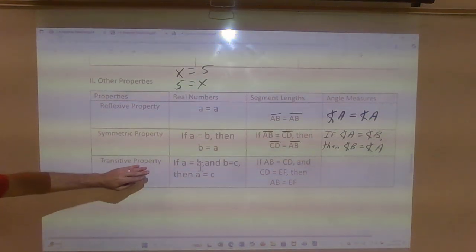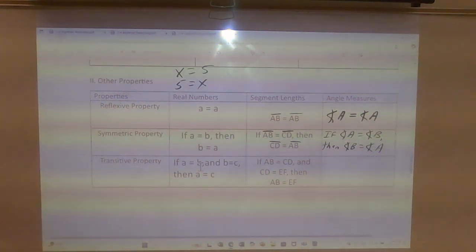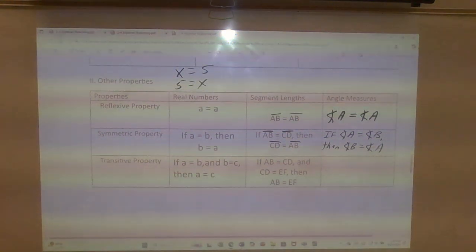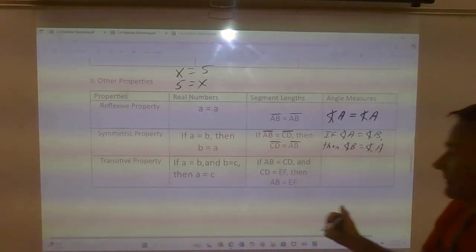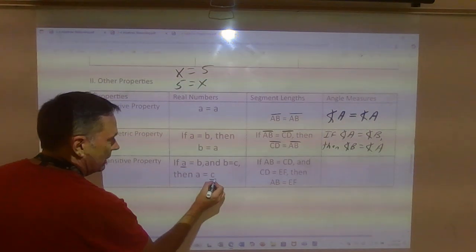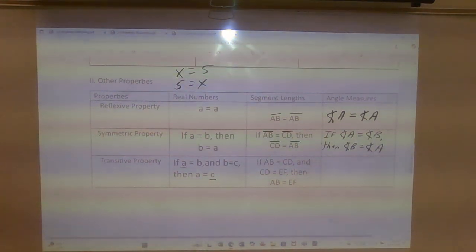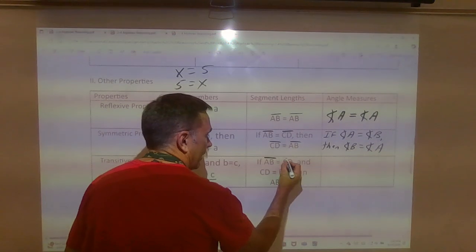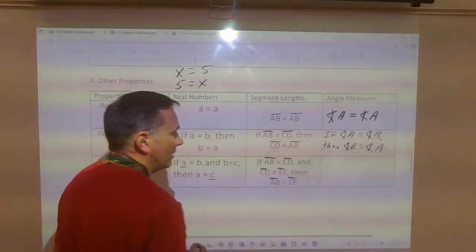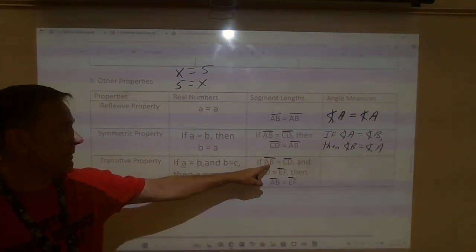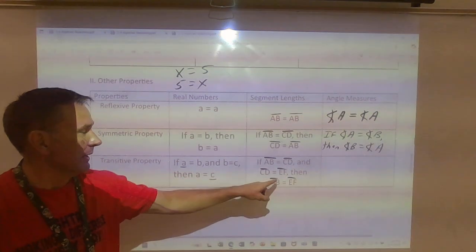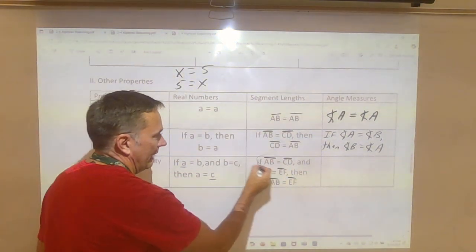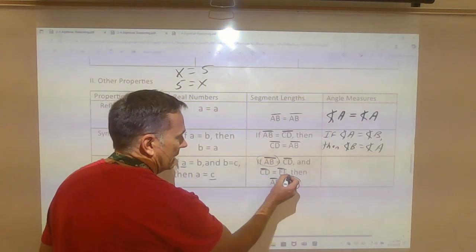The final one, transitive property. So if A equals B and B equals C, then this original A will equal C, transferring all that information. So if we're looking at segments, segment AB equals CD, and CD equals EF, then this one, AB, will equal EF.